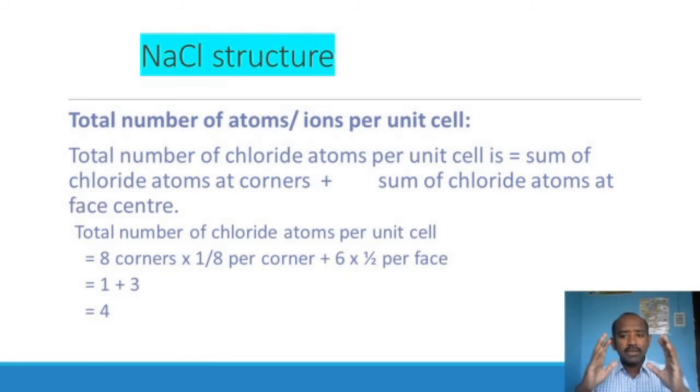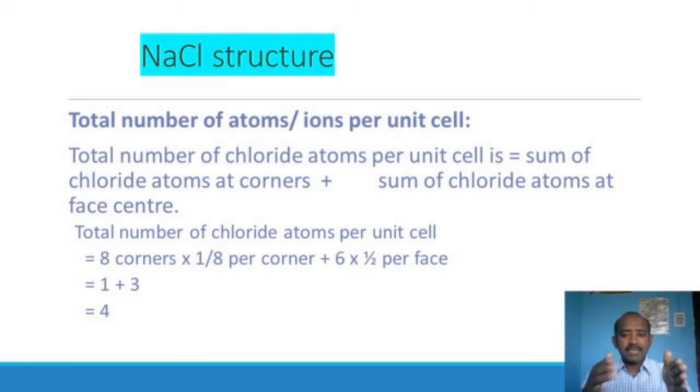It means that for that particular unit cell, each atom is contributing only 1/8 of its whole part. So each atom contributes 1/8, and there are 8 atoms at the corners. So 8 into 1/8 we will get 1.